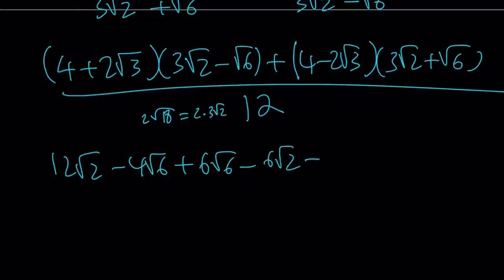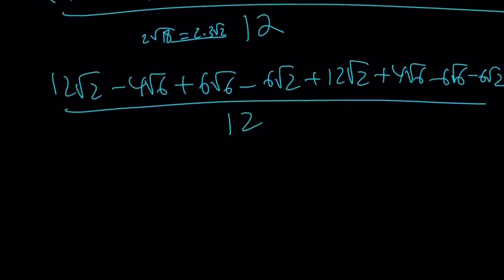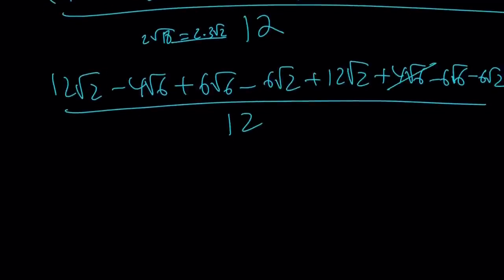All right, that's easy, right? 12 root 2 plus 4 root 6 minus 6 root 6 minus 6 root 2. So we're kind of repeating this expression right here. All of that is divided by 12. Let's see if anything cancels out. 4 root 6, 4 root 6, 6 root 6, 6 root 6, and then we have minus 6 root 2, and minus 6 root 2.